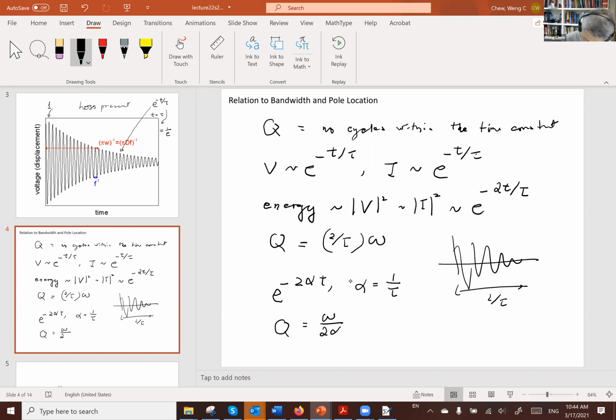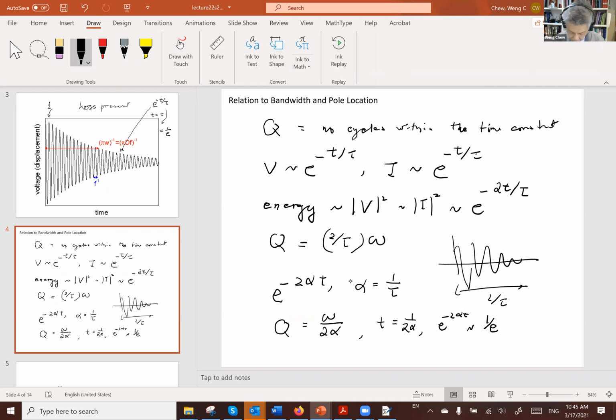That's what I'm trying to get at. And then when t equals 1 over 2 alpha, then e to the minus 2 alpha t becomes 1 over e.